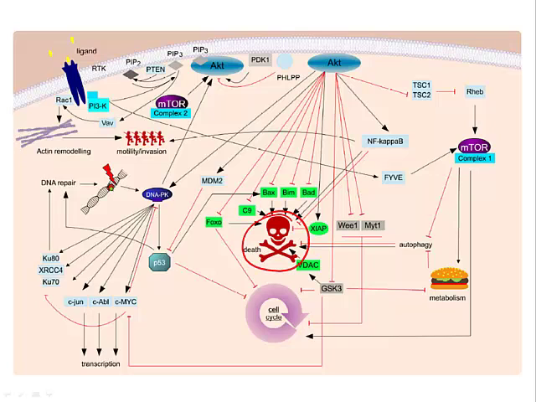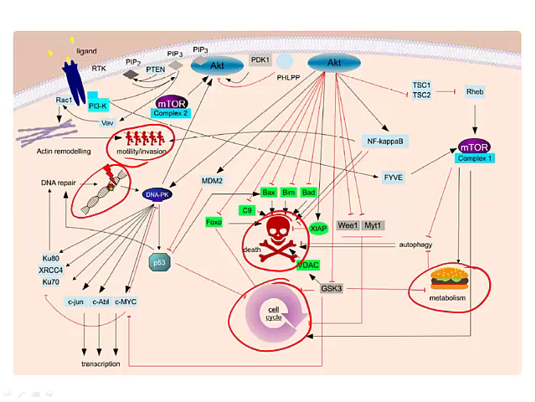While regulating cell death is a central aspect of this survival cascade, it also has other roles. It regulates cell proliferation, it regulates the metabolism of the cell, and it also regulates cell motility and the cell's response to DNA damage.